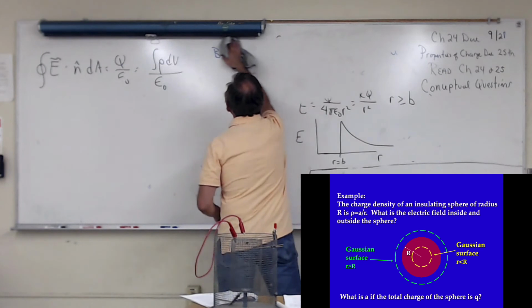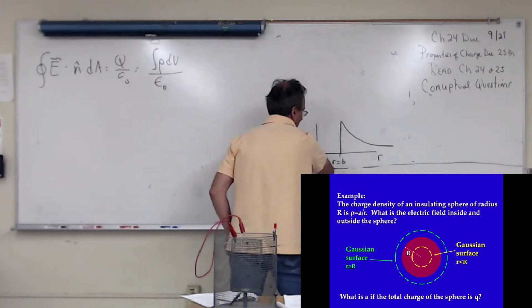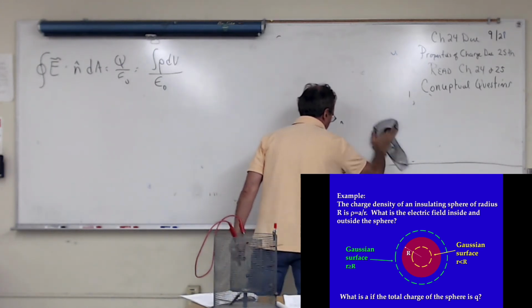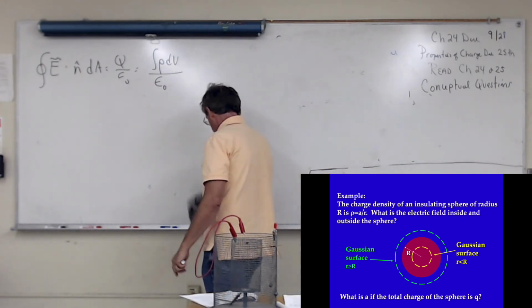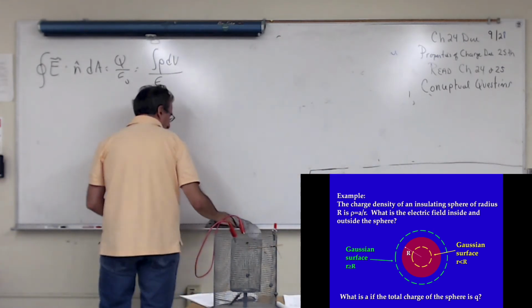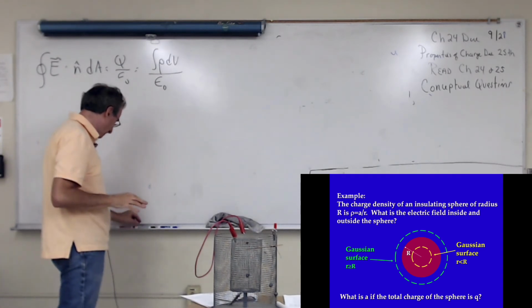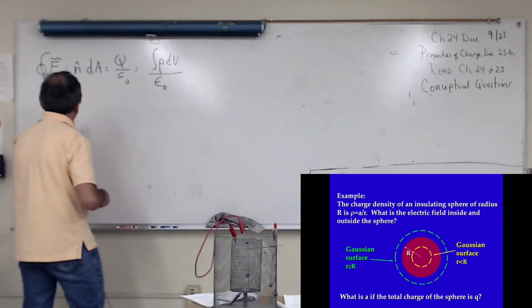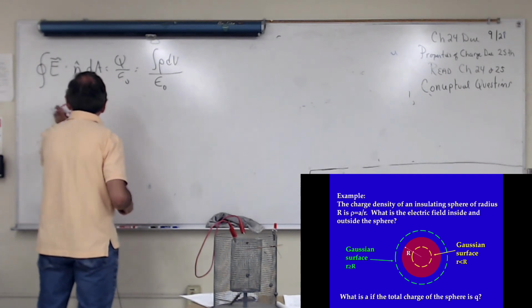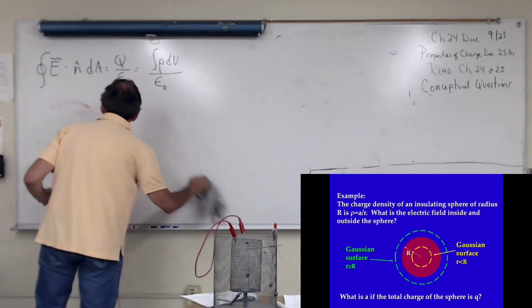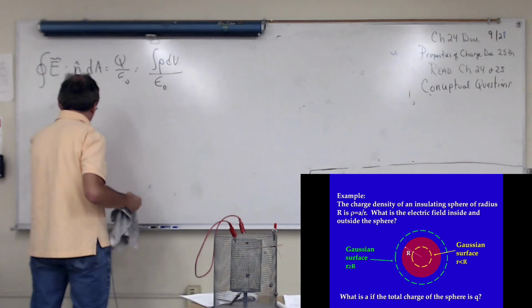Okay. So now we have a solid sphere. Again, it's an insulator. Conductors are a little bit different. Conductors are special. We're going to say something about conductors. So let me draw a solid sphere.